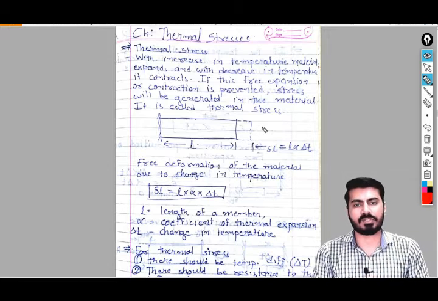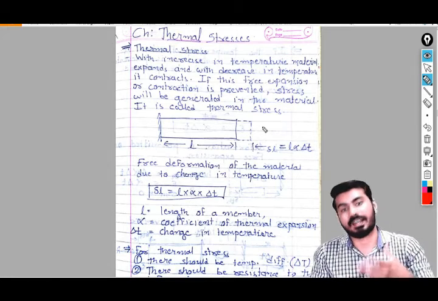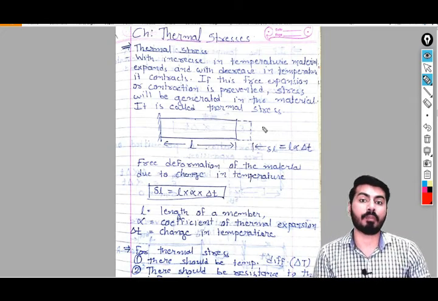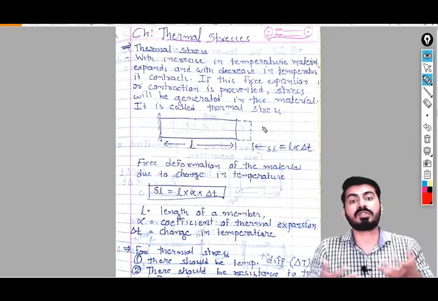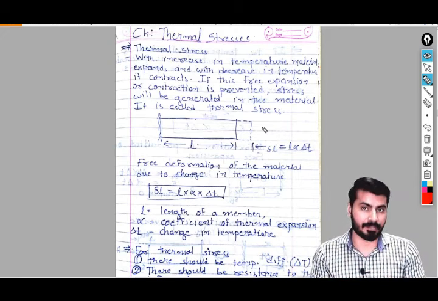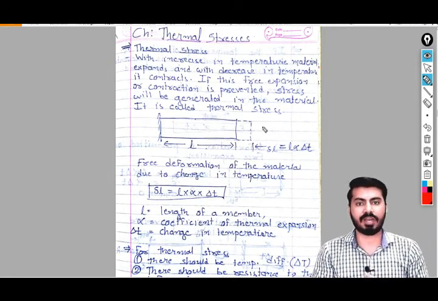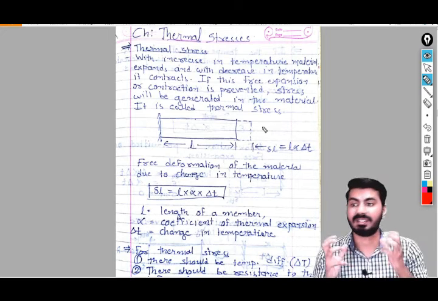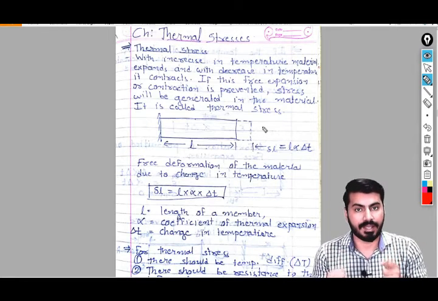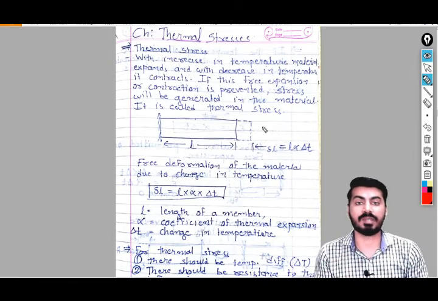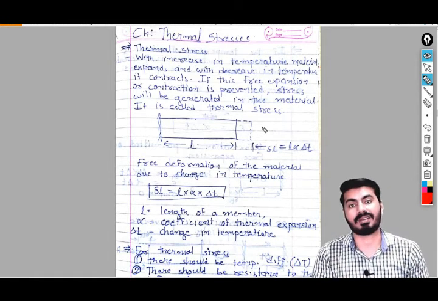Based on the temperature change, if you prevent that free expansion or contraction, the body will resist, because the body wants to expand or contract. If you provide a constraint or restriction on the body, the body will resist, and due to that resistance, stresses will be generated, and those stresses are known as thermal stress.